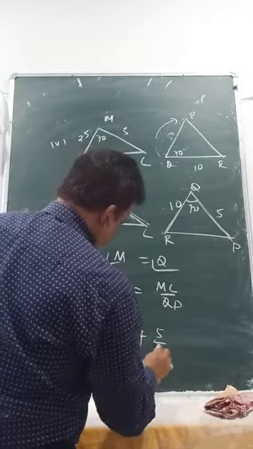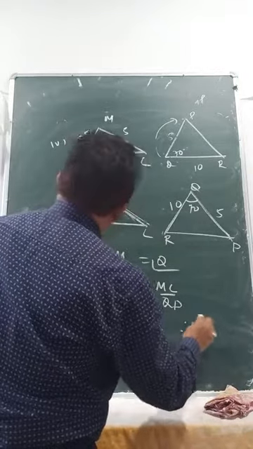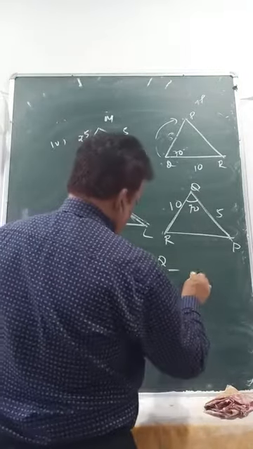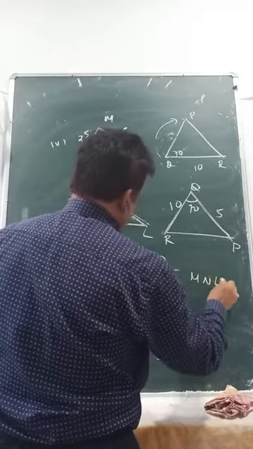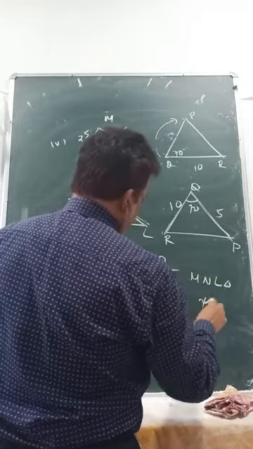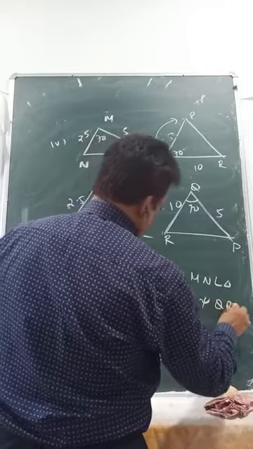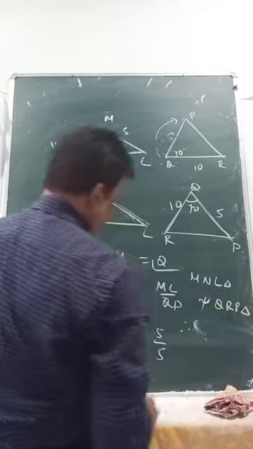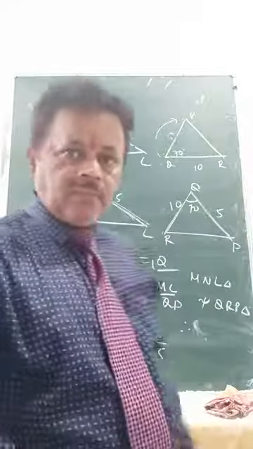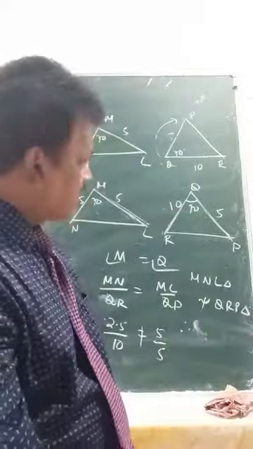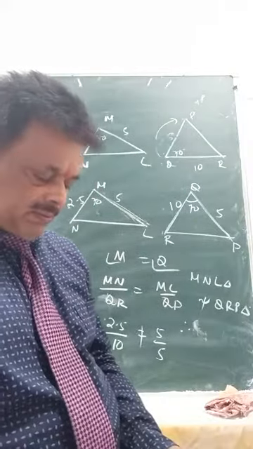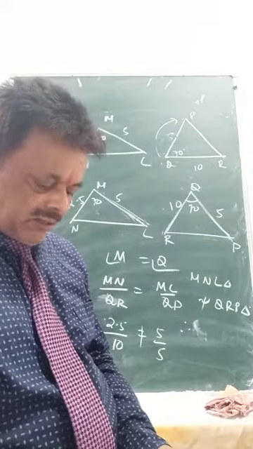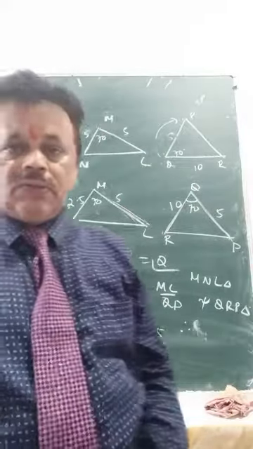This is also not there. Triangle MNL is not similar to triangle QRP. Okay, so there are some more questions. Of this you try to solve. Question number 2 will start tomorrow.